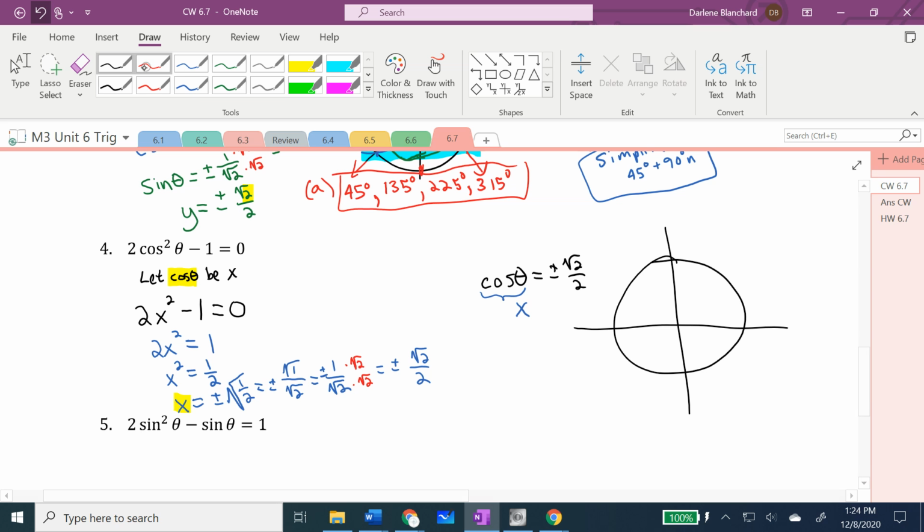And now I can draw vertical lines. Positive root 2 over 2 is the middle one. Negative root 2 over 2 is the middle one on the left side. And does this look like something we got just a moment ago?